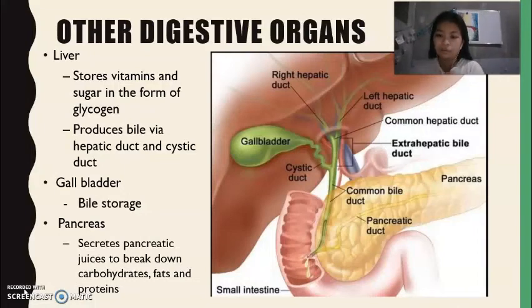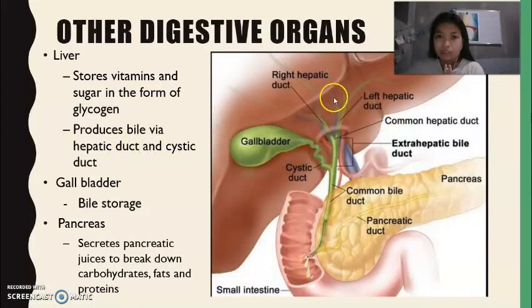down food. Okay, so the liver is the largest gland in the body, and then it stores vitamins and sugar in the form of glycogen. It also produces greenish substance, watery green substance known as the bile. And then the bile goes via hepatic duct and cystic duct.